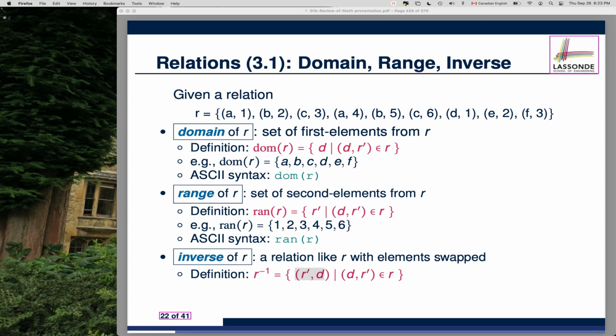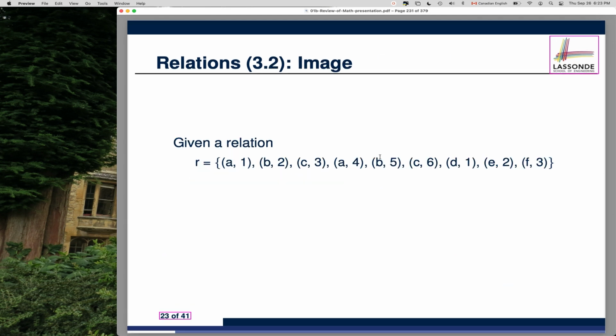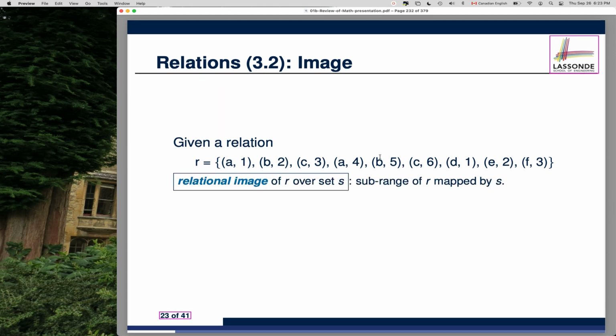All right, so we spoke about domain, range, and inverse. Let's get to something slightly, not really complicated, but slightly not as basic. The next one is called the image. Okay, and that's the same relation. We're going to use that as a running example. We call it relational image, which is image.